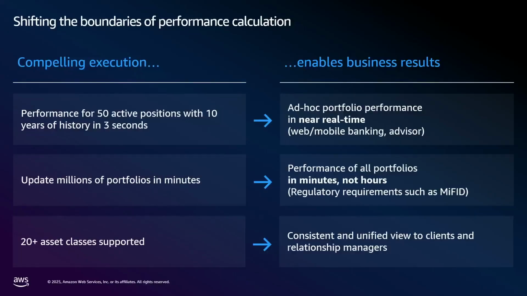So we decided to go cloud native, and we now have the first results available. One use case is typical end-of-day or batch processing. It's still there. A typical example is periodic client reporting, where you have to calculate performance reports for potentially millions of portfolios.